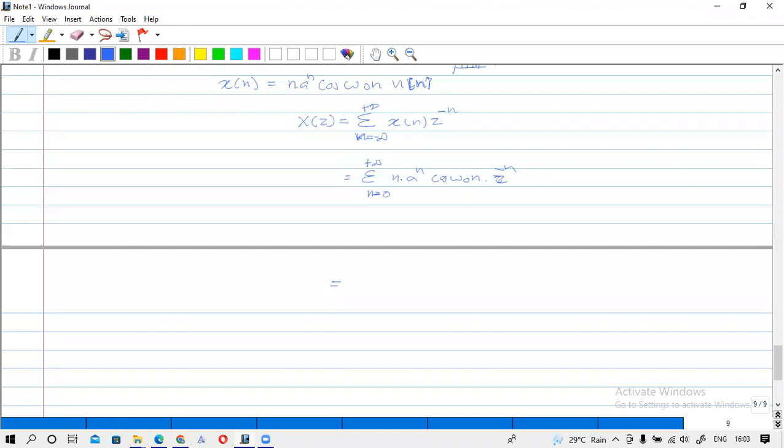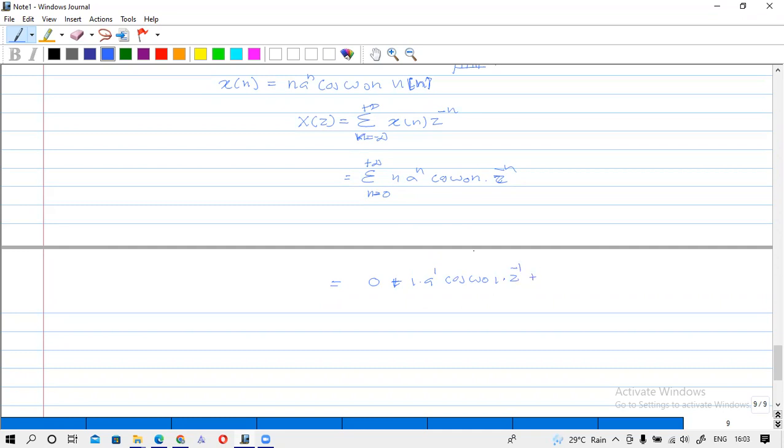Because of this 0, all these terms will be 0, so you will have 0 here. Plus, when n is 1, you will have 1 a^1 cos(omega naught 1) z^(-1).